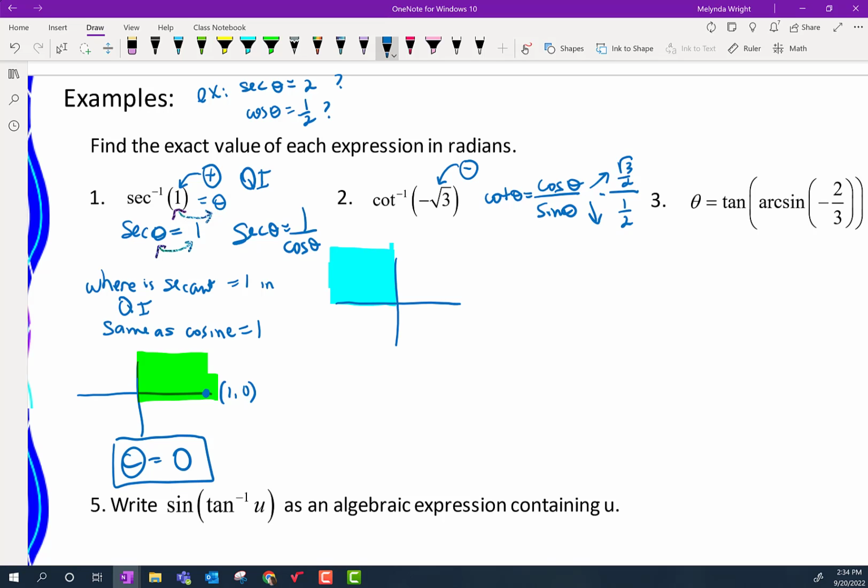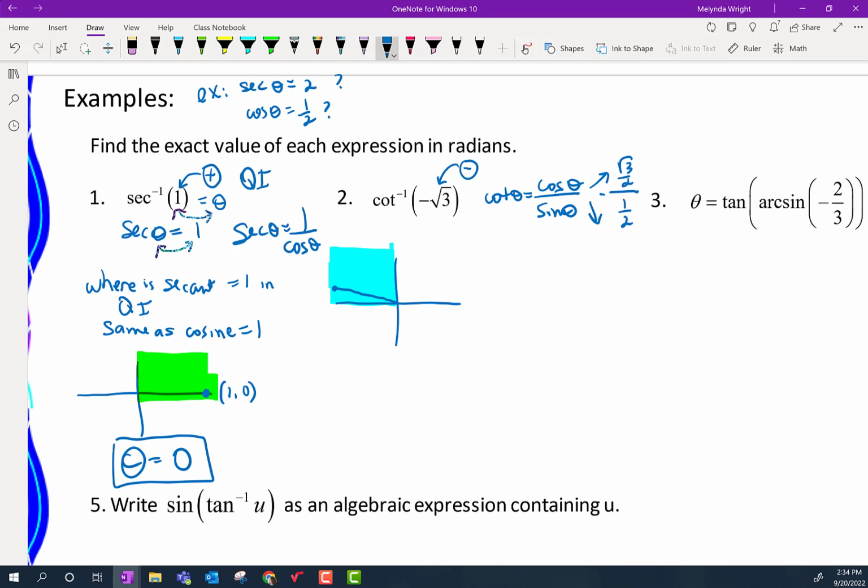I'm in quadrant 2, so that's going to make the cosine negative, right? X is negative in quadrant 2. Okay, so cosine maps to the x, and it's longer. So I know that I need this angle measure right here that's longer. It's longer along the x because cosine is x and root 3 over 2 is bigger.